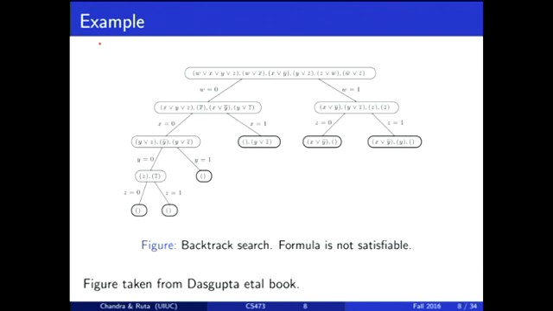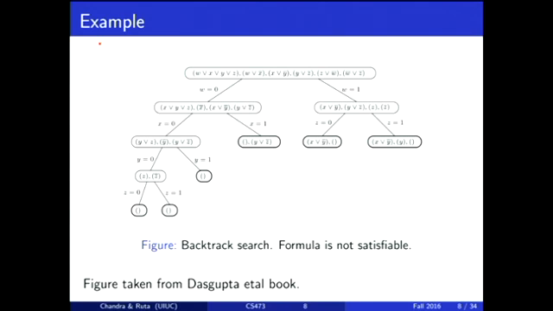This is called backtrack search. You pick a variable here, w. Is the formula satisfiable if I set w equal to 0? Is the formula satisfiable if w equal to 1? So you do this branching with one variable w, setting it to 0 and to 1.